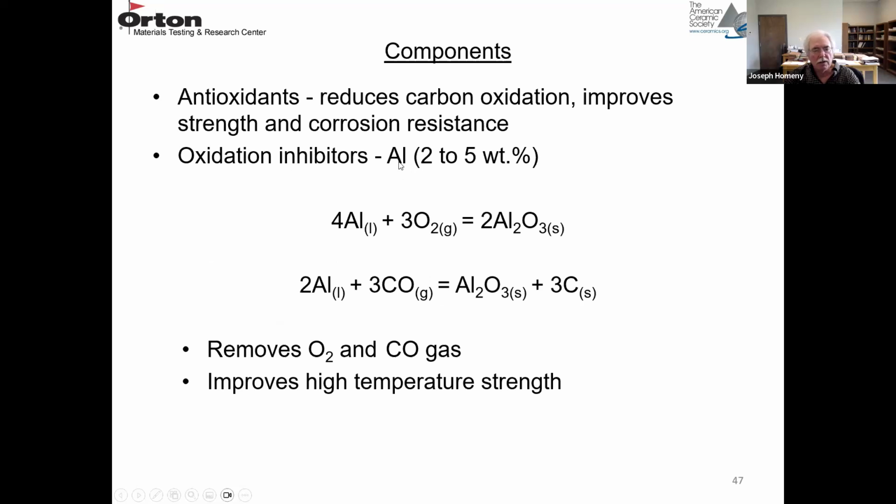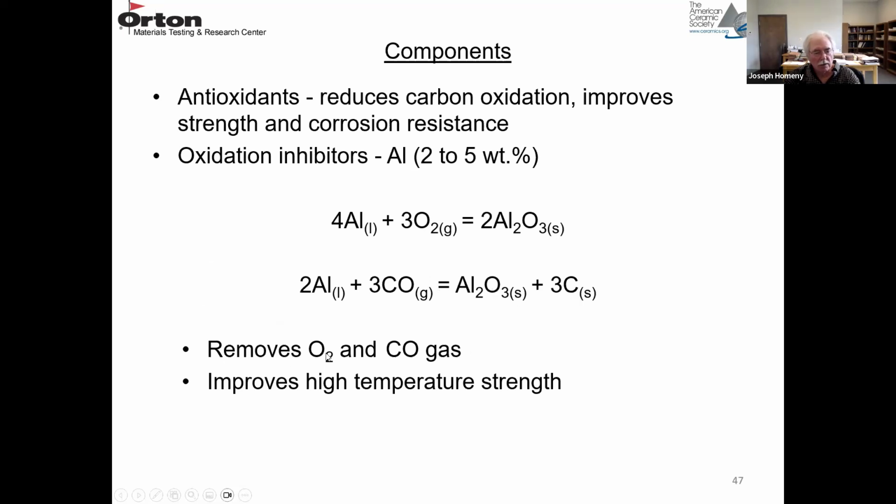So this would be aluminum metal. It's usually added 2 to 5 weight percent. So at temperature, liquid aluminum plus oxygen forms Al2O3, or you can also have this reaction: liquid aluminum plus CO, carbon monoxide, forms Al2O3 plus carbon.